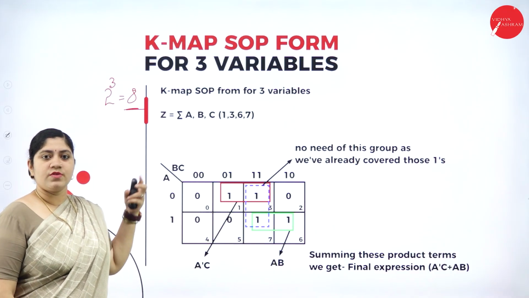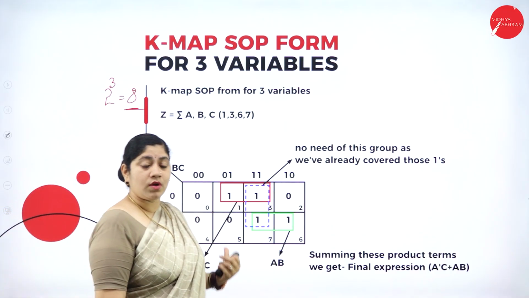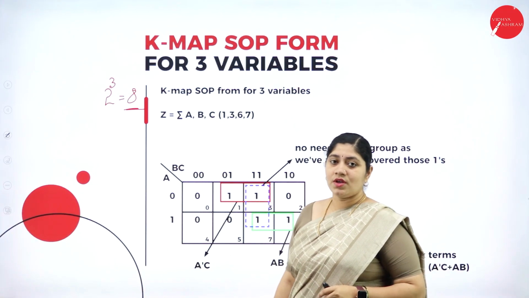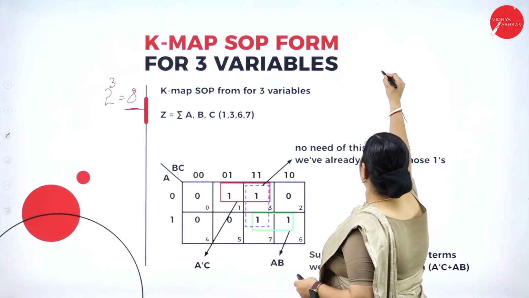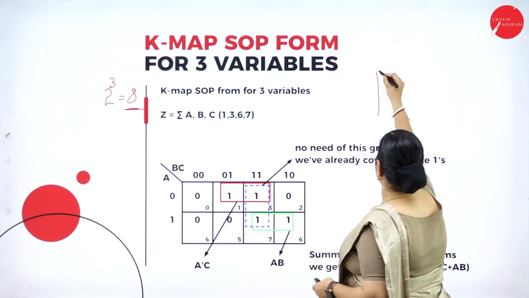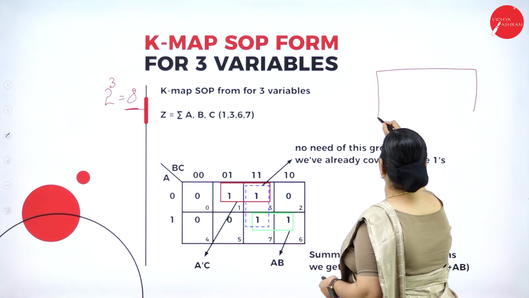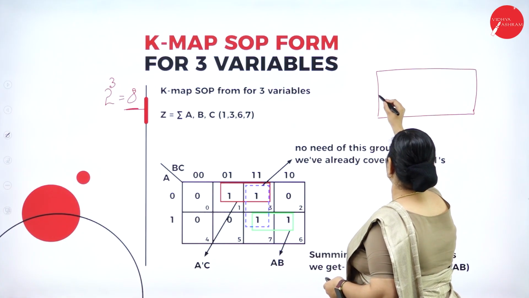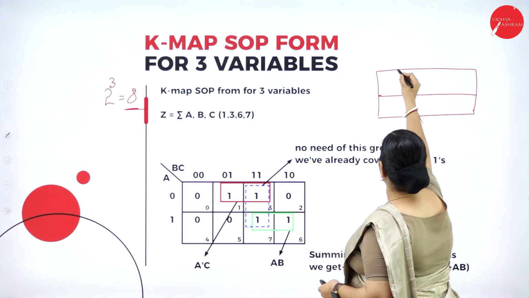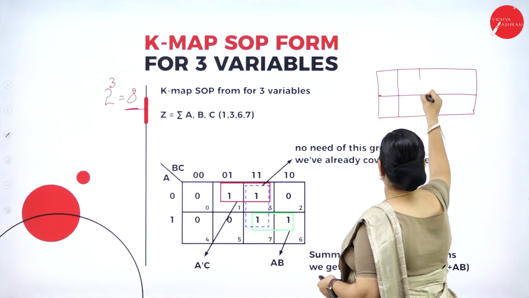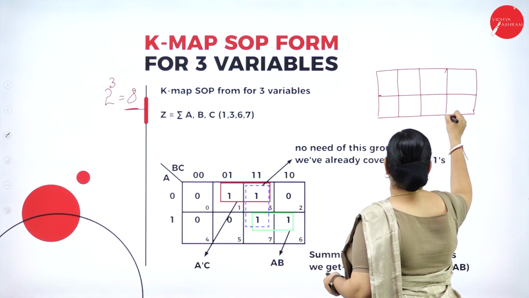So the number of cells we have understood. Now, how to draw the graphical representation? Let me show you that. Starting with 8 boxes, let's divide it as 4 and 4. So 2 rows followed by 4 columns: 1, 2, 3 and 4.